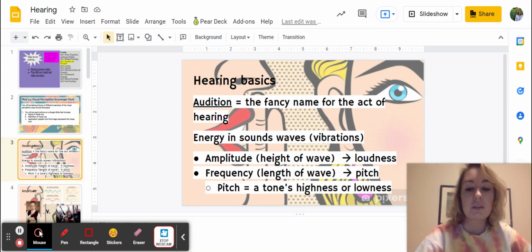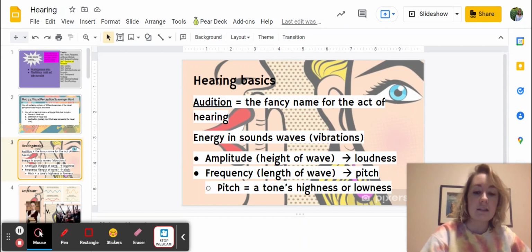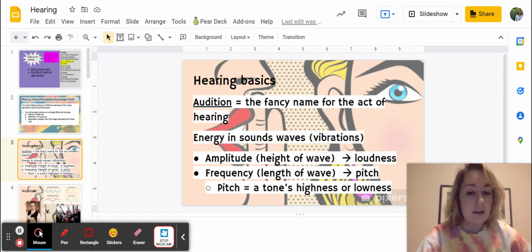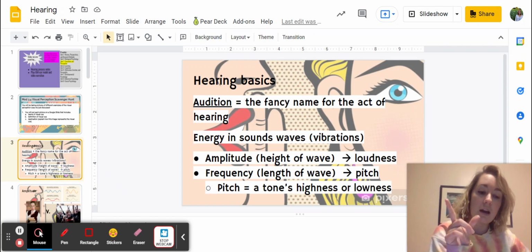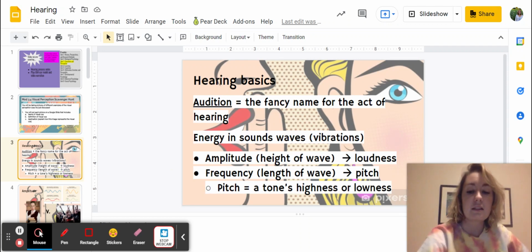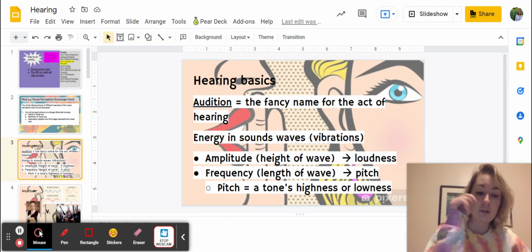So, the height of a wave determines its amplitude, which is how loud a sound is. Then the length of a wave, or how spread or close together it is, determines its frequency and pitch. And pitch is how high or low a tone is.